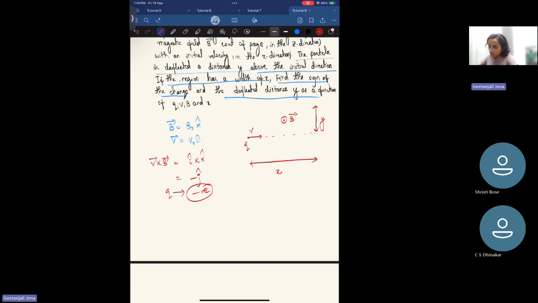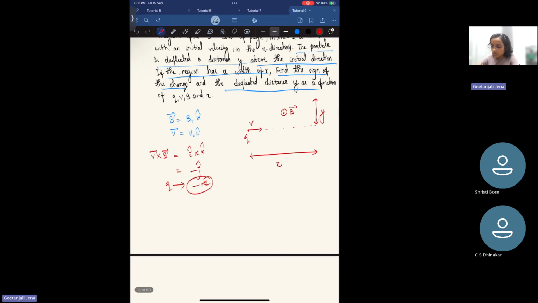First part is fine. To find out the y, first we need to see how the particle will travel through this magnetic field. If you see the x direction, there is no magnetic force, right? And it's traveling at a velocity v0. So the distance traveled, which is x, should be v into t, where t is the time.